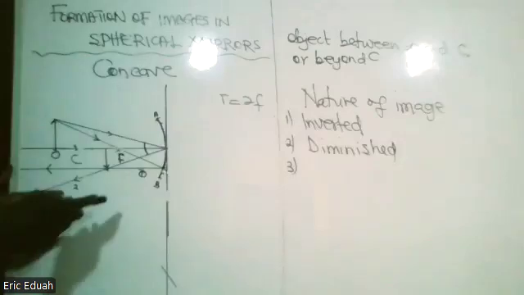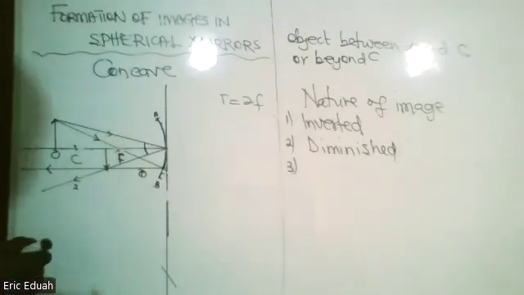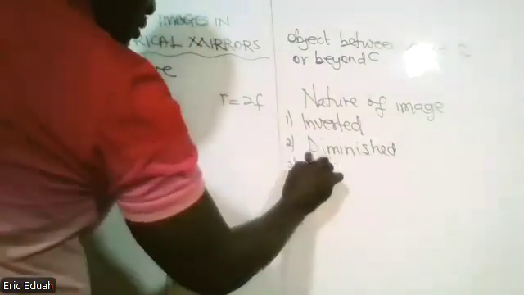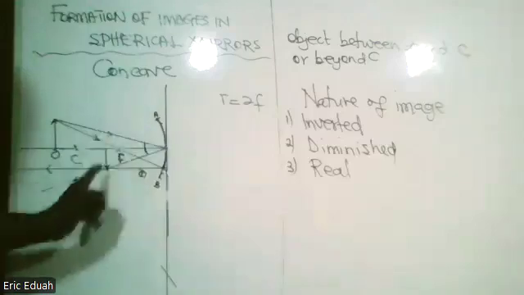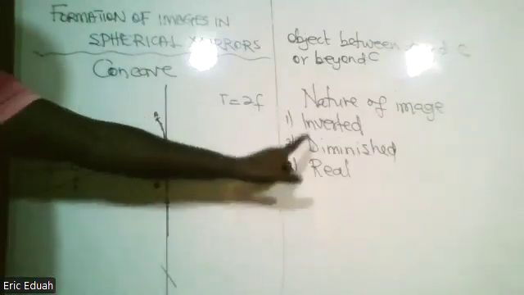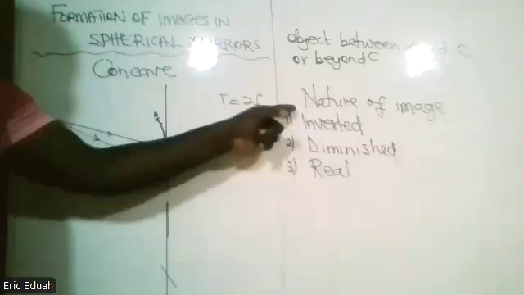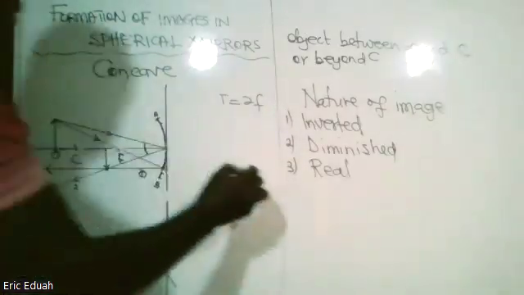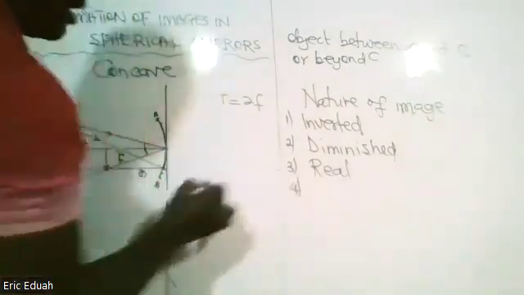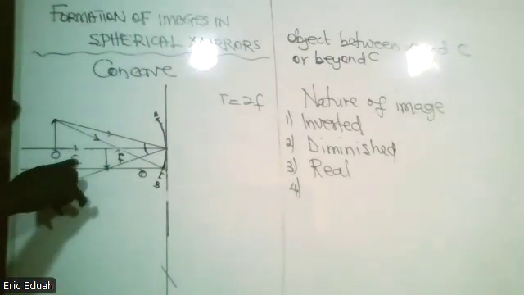So you can clearly see that this image is formed in front of the mirror, and so it is real. Now, all real images are inverted. So if the image is inverted, then it's real, or if the image is real, then it's inverted. And then lastly, you need to talk of where the image is formed. This image is formed between C and F.